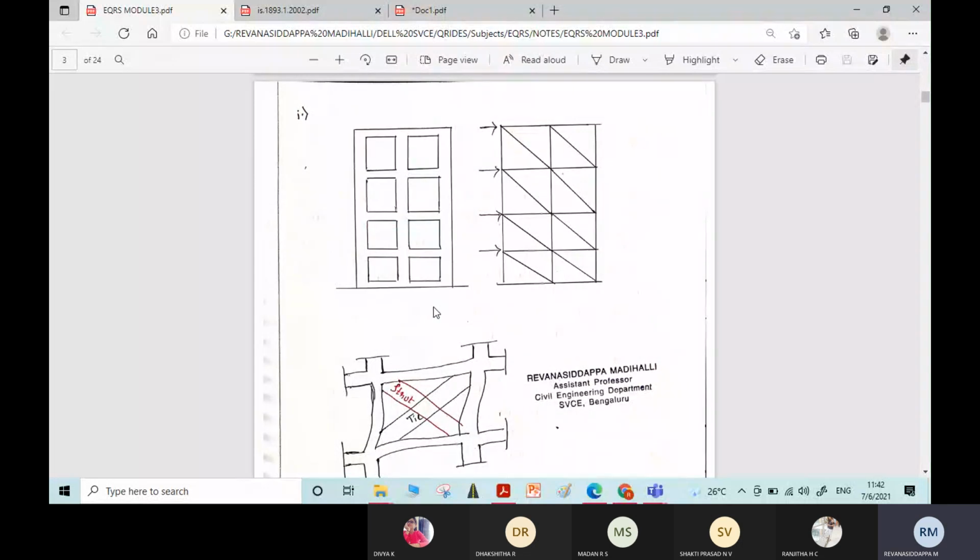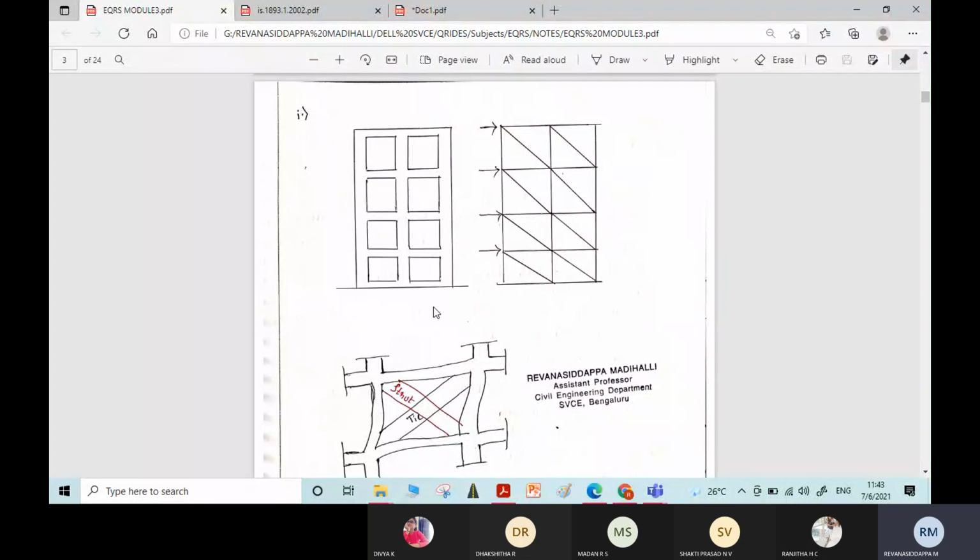If a building is provided with infill masonry walls, there are some advantages and some disadvantages that we will see. While doing the design of a building, we usually take into consideration the dead weight of the masonry on the frame.